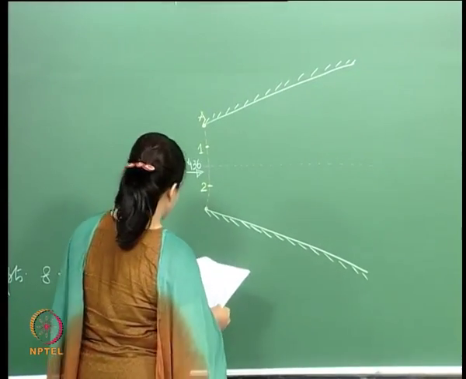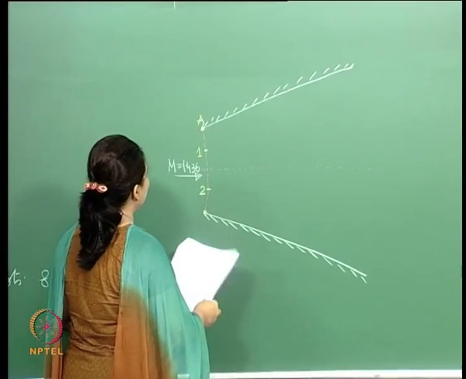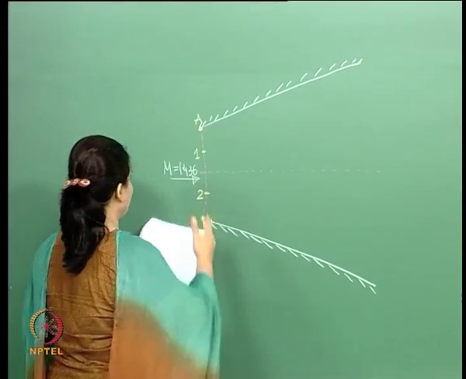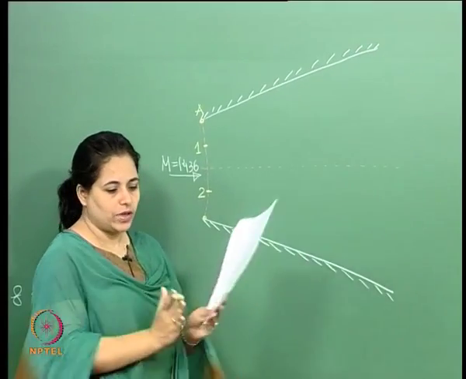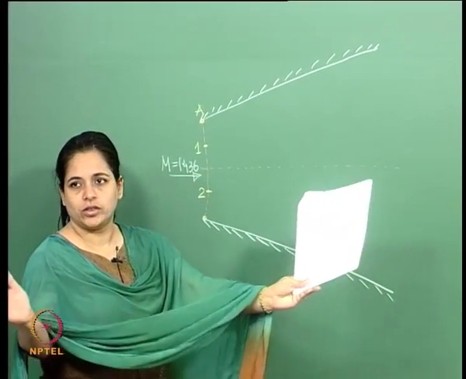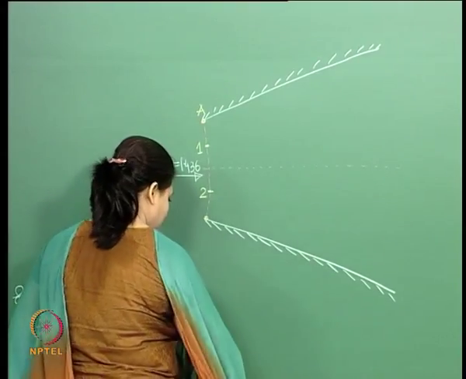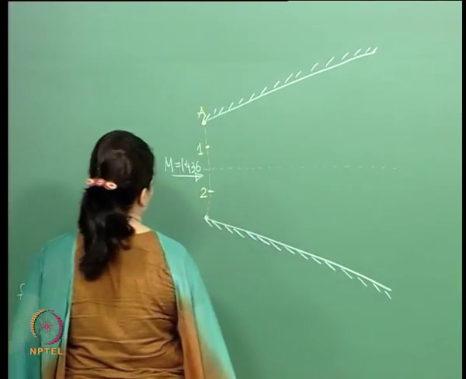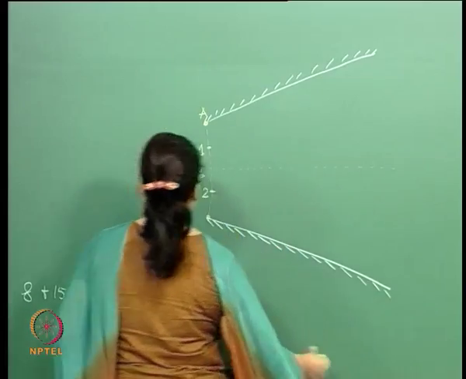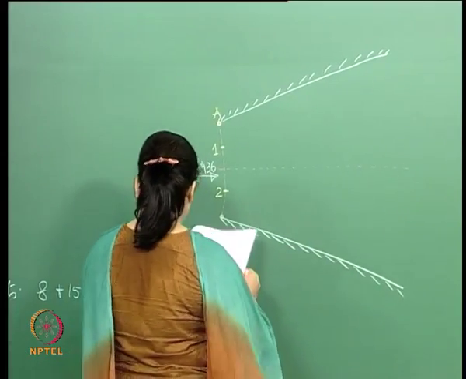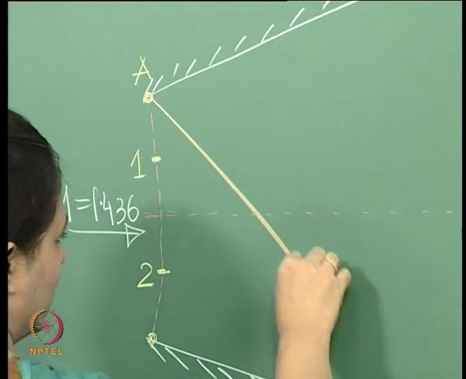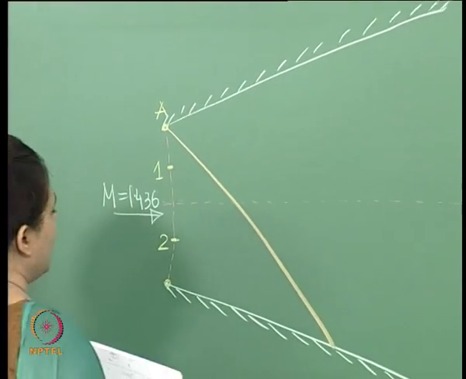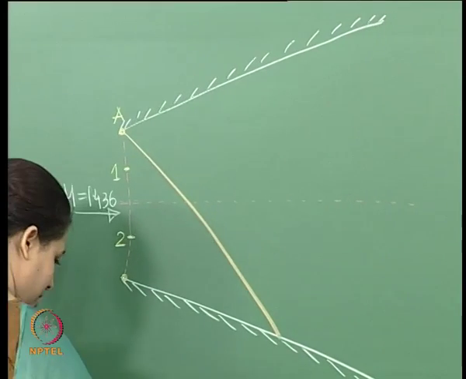If we have this now, at each point we will have an expansion, so we will have the flow going in directions like this. Say at this particular point, we will have something like that.